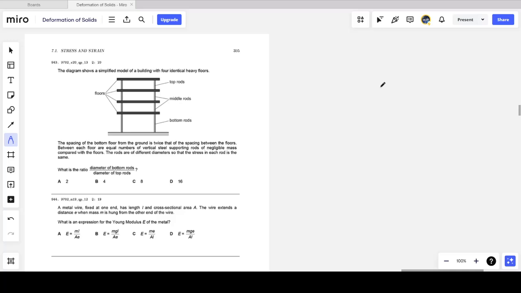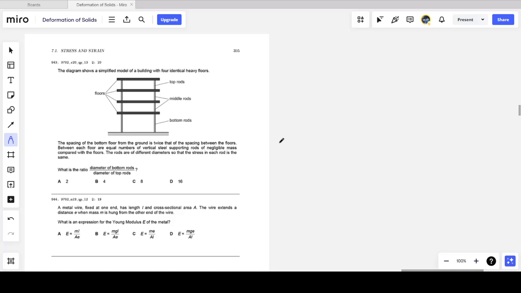And we want to find the ratio of the diameter of the bottom rods to the diameter of the top rods. Okay, so basically the bottom rods are twice the length of the top rods. So the original length is twice as much for the bottom rods as it is for the top rods. And the stress is the same for the bottom, the middle and the top rods.